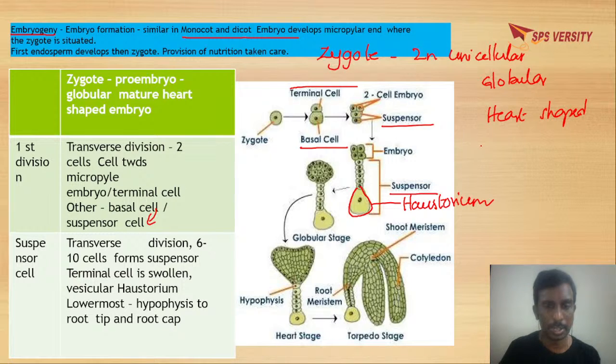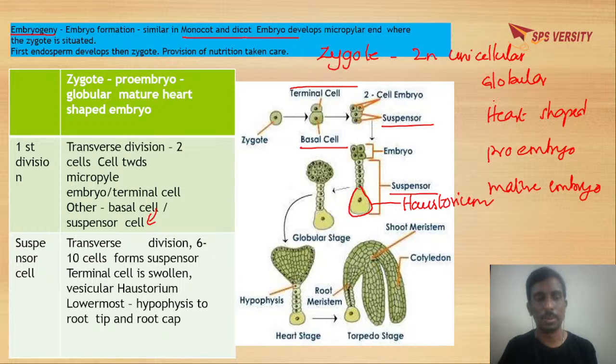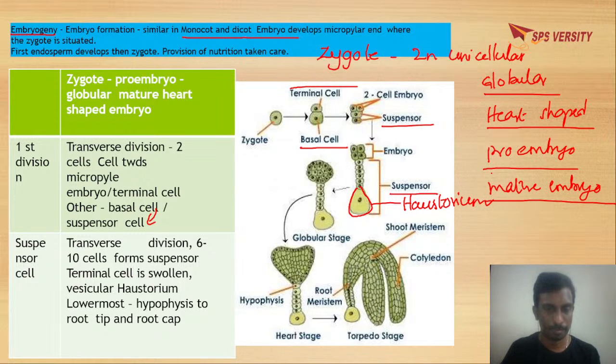Later on it attains a shape called pro-embryo. Later on it reaches a mature embryo. That is, embryo is globular shaped initially, later on heart shaped, later on pro-embryo, later on mature embryo.